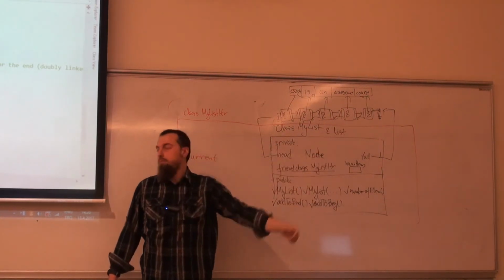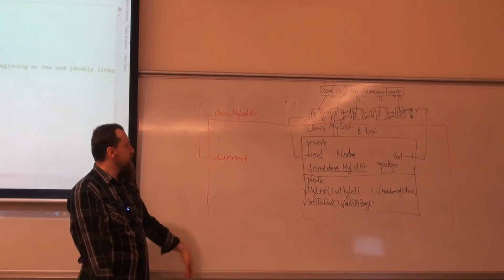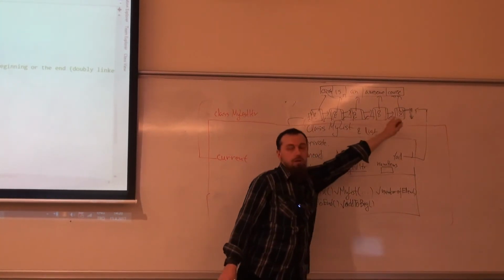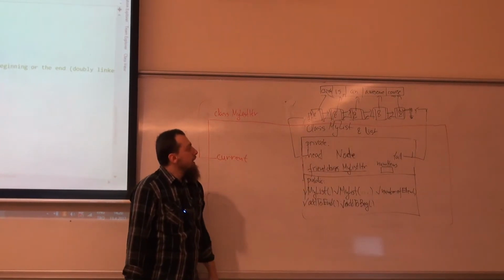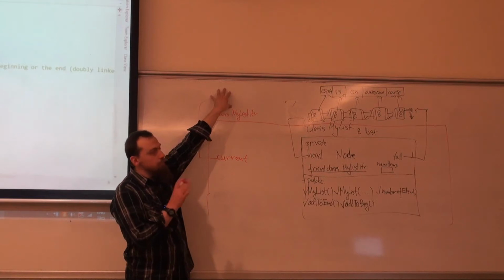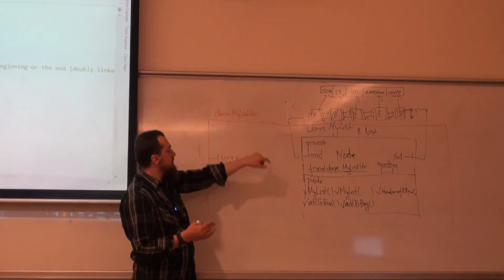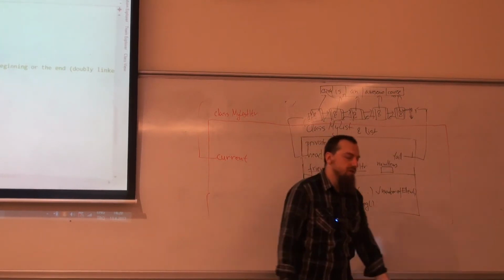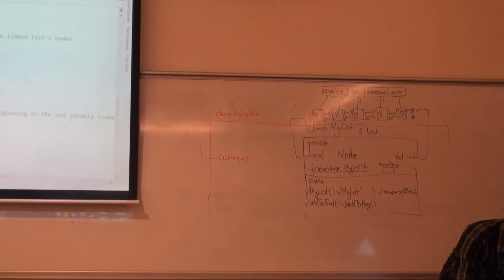You can give it any name you want. What are we going to do? This current is going to point to one of those nodes here. And we are going to keep the current pointer here. If I want to change it, I just say current is equal to next or previous or beginning or end. We are going to see it with the code here.